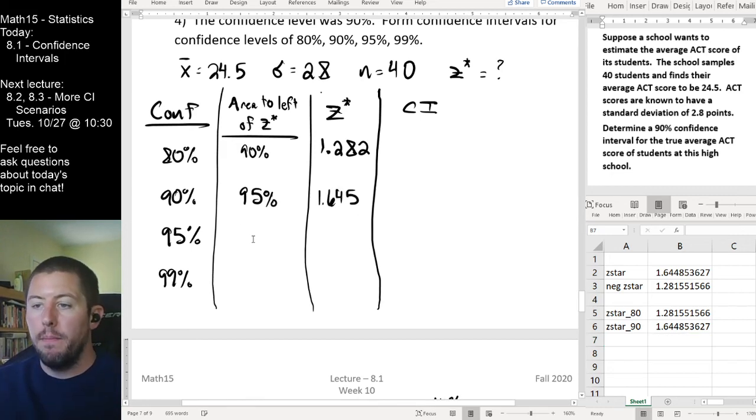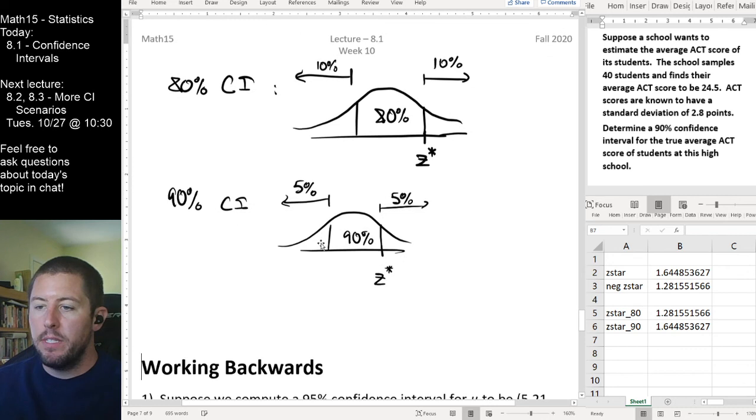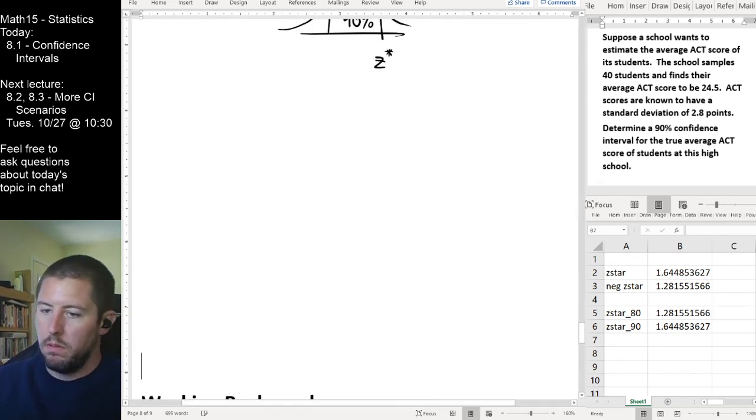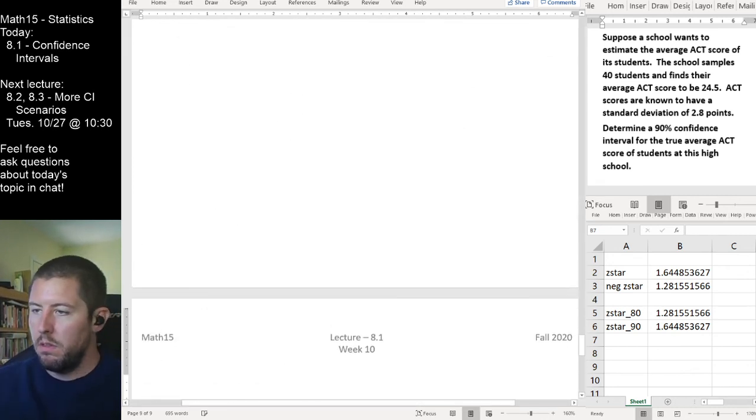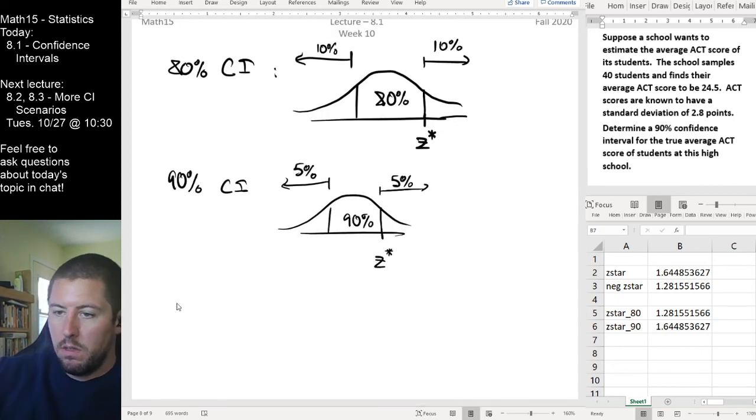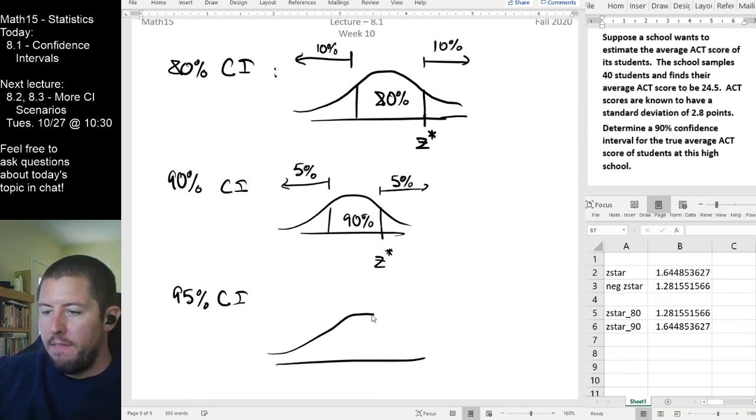And we can keep rolling here. Now, 95% confidence interval. That means that we're looking at our middle 95%. We want to know where its cutoff is, right? So we're going to get 95%.